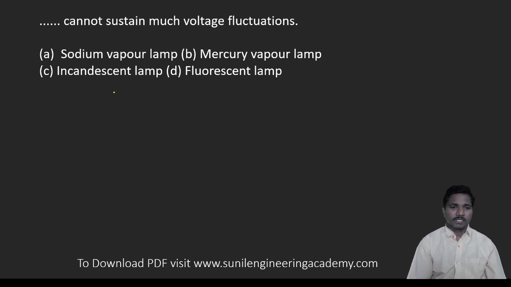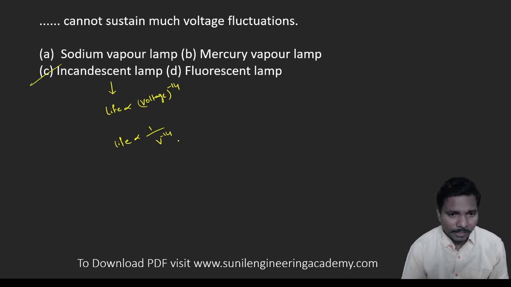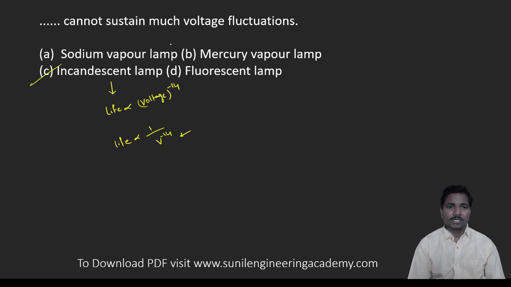We know very well that the life of an incandescent or filament lamp is proportional to voltage to the power minus 13 or minus 14, so it is inversely proportional. As the voltage fluctuations are more, life decreases. So it is more dependent on voltage fluctuations and cannot sustain much voltage fluctuation.